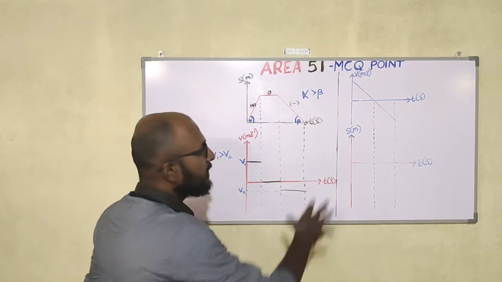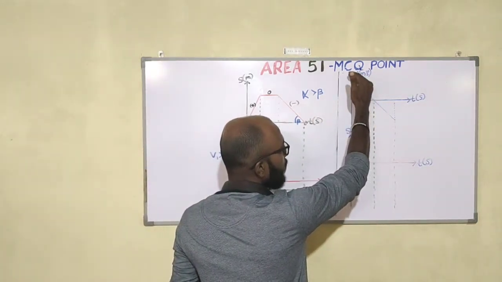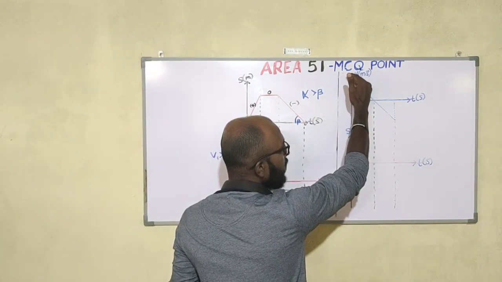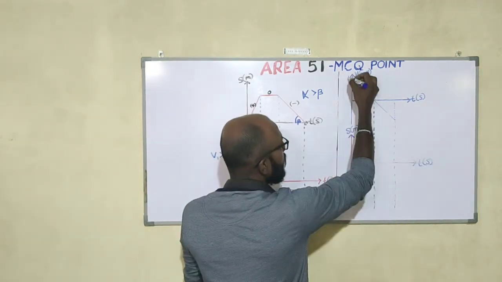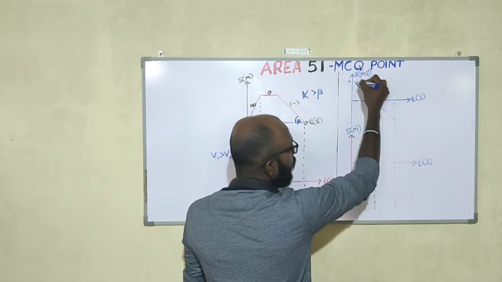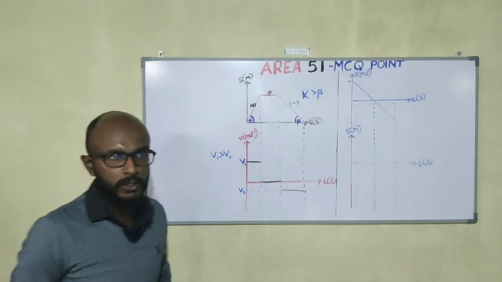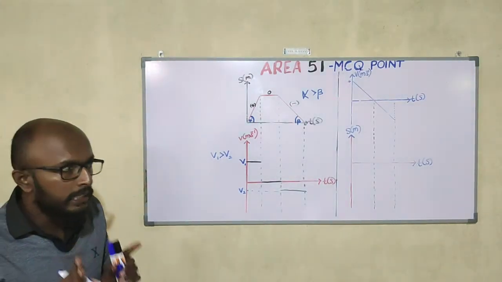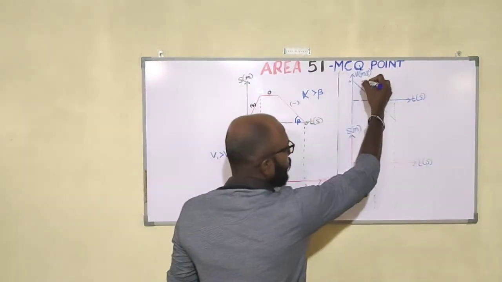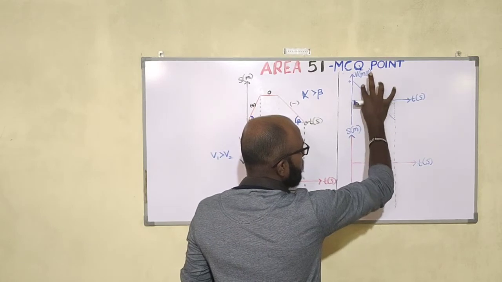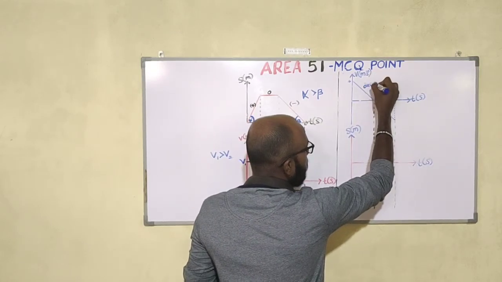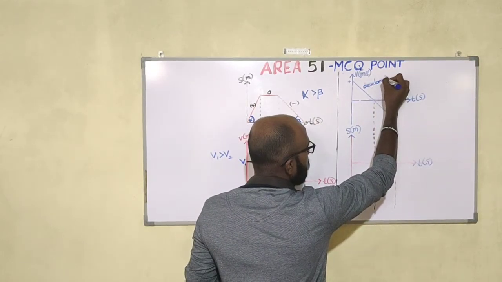So here this is different. Here velocity has decreased from a value to 0. Okay, velocity has decreased there. That means that should be a deceleration. I'll write it here. It's a deceleration.